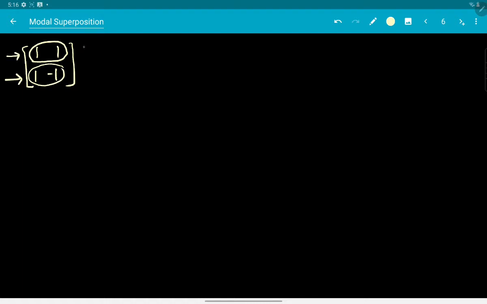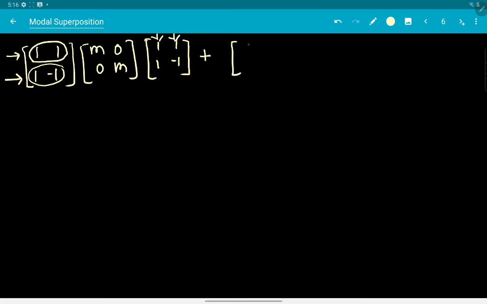Then you have this mass matrix M 0 0 M, and here you have 1 1 which is the first mode shape, 1 minus 1 which is the second mode shape, plus 1 1 1 minus 1 times 2k minus k minus k 2k, and here again you have 1 1.